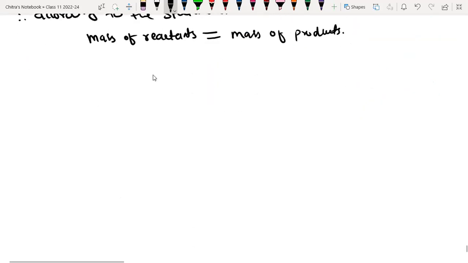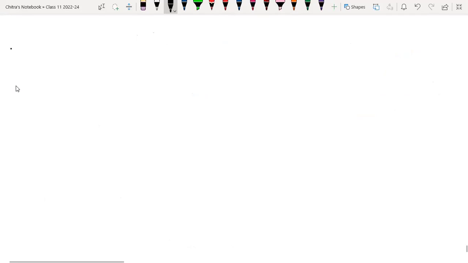So for that, we are going to understand one example also. In order to calculate whether the mass is equal in both the sides, means in reactant side and product side, what you have to do? You have to just calculate the number of atoms in the reactant side and product side, they must be equal.